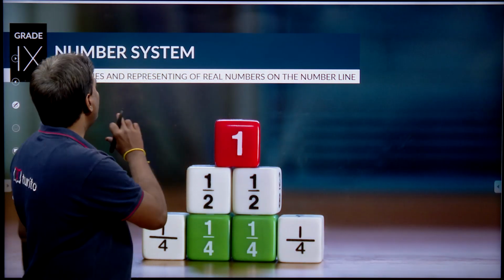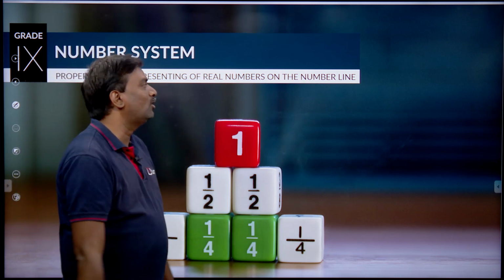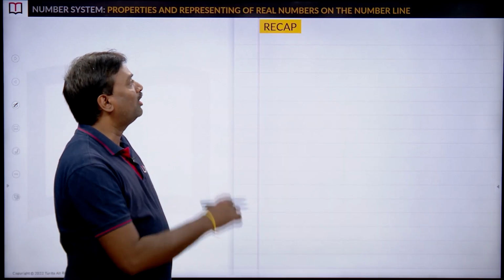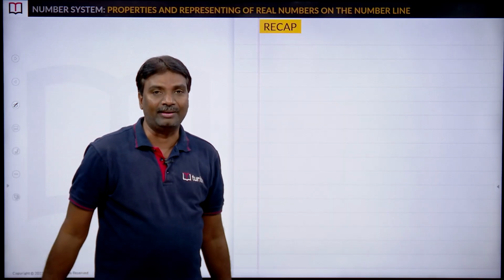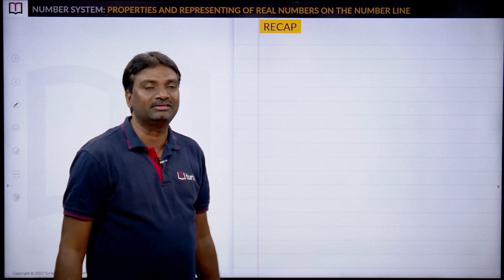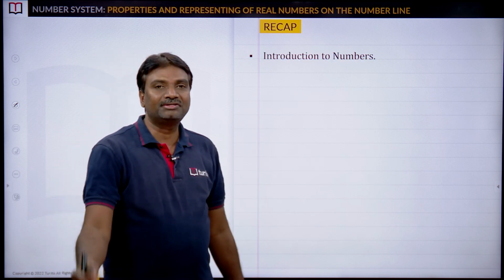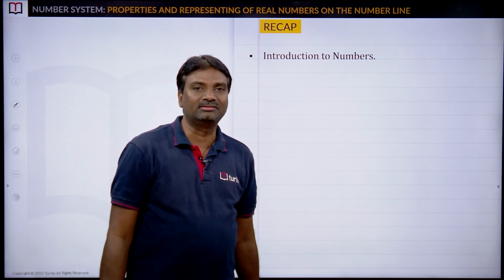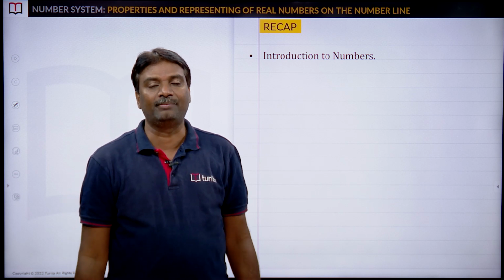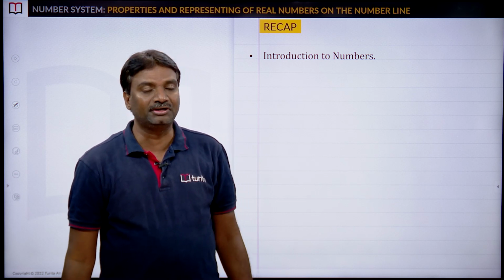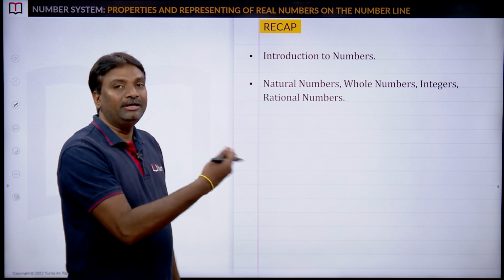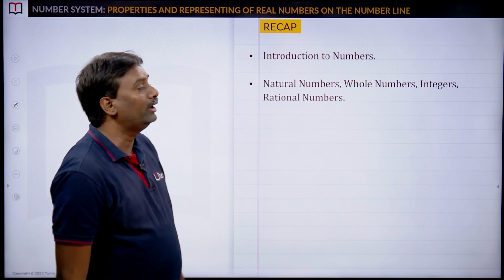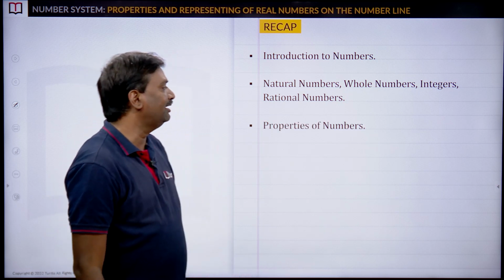In today's class we are going to discuss properties and representing of real numbers on the number line. But first, the recap, which means what we discussed in the last class. Introduction to numbers: natural numbers, whole numbers, integers, rational numbers, irrational numbers.